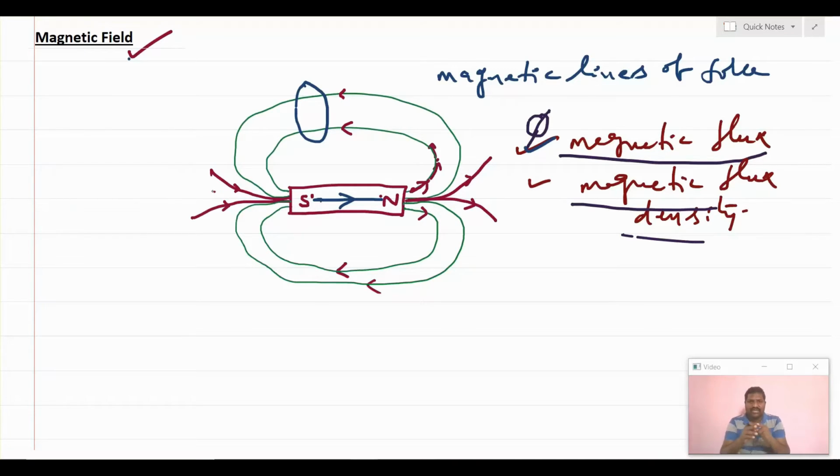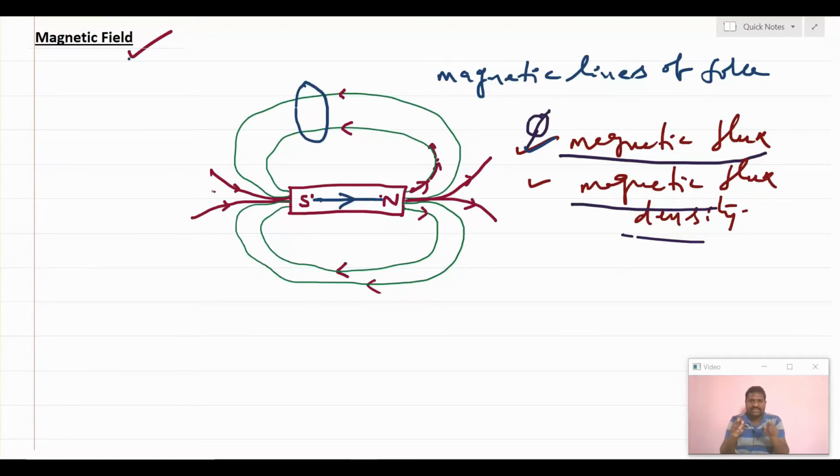Suppose you take the population density of a certain city. We can't calculate the total number of citizens, so we take a certain area, suppose one kilometer square, and the number of people living there is called the population density. In the same way, magnetic flux density is also the same.